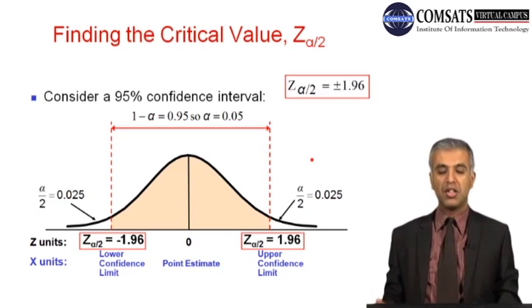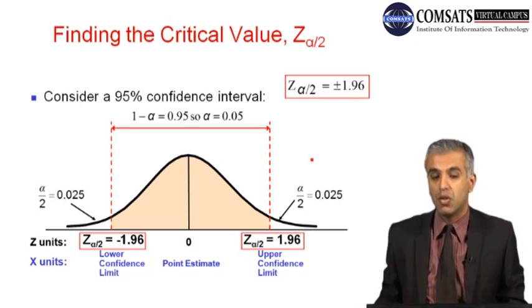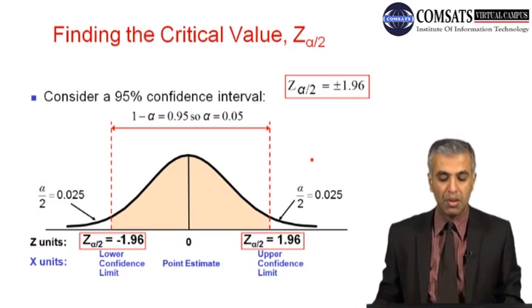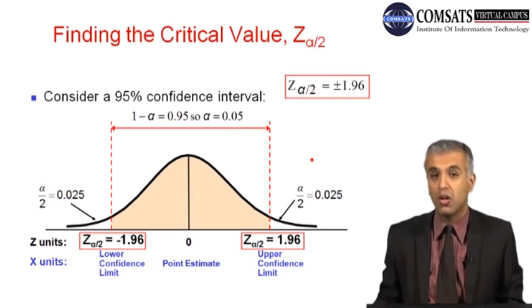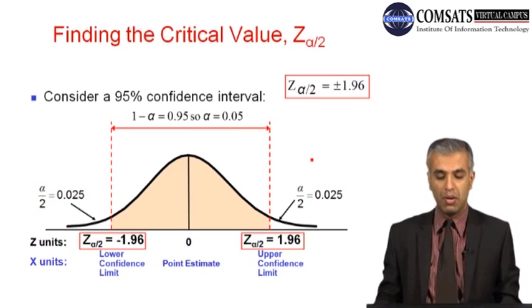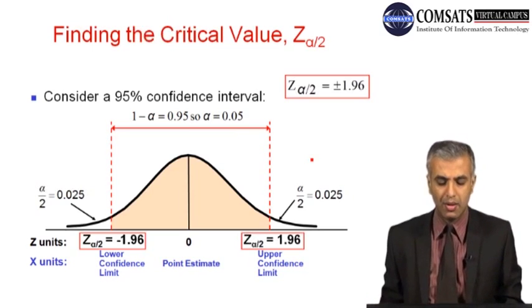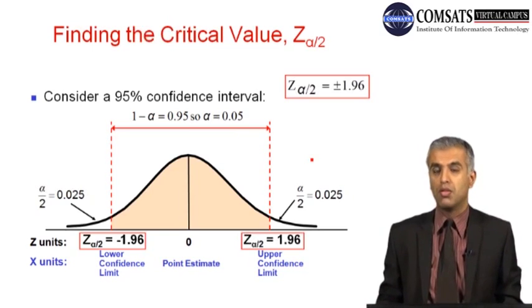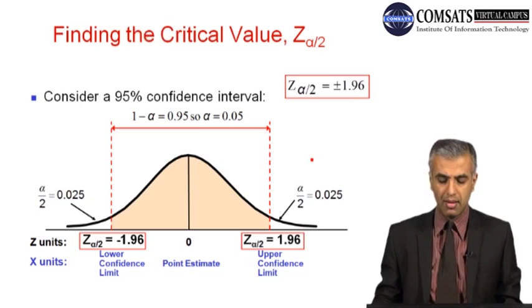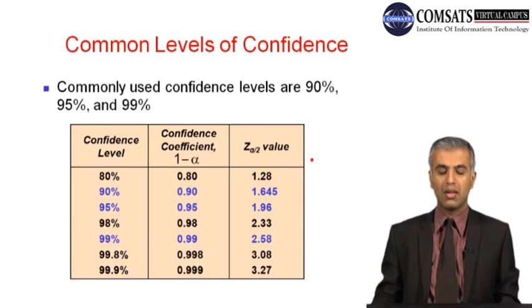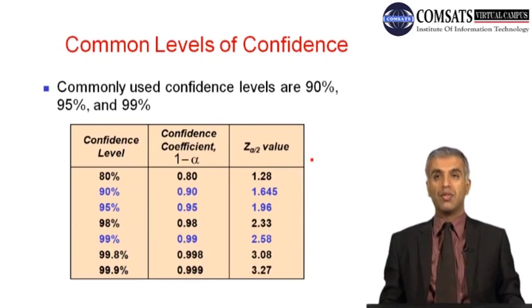It's the same procedure we have been conducting before, and we have done numerous examples of how to calculate the probability, how to draw this normal probability plot, and how to find the various values with a specific level of significance. Based on that, let's have a look at what the common levels of confidence are which we use.